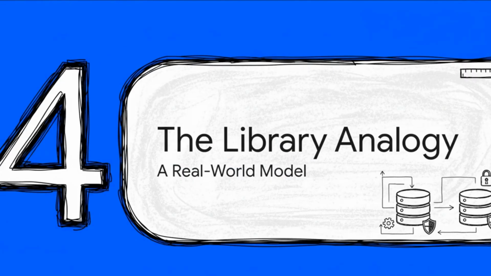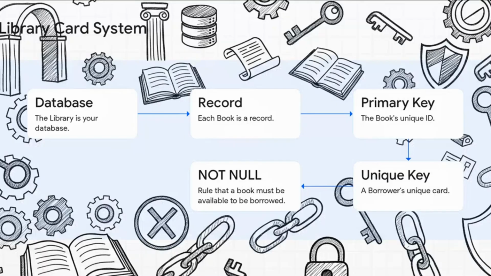Okay, I know that was a lot of technical stuff. So let's bring it all back down to earth and make it really tangible. We can actually tie all these ideas together with a simple model we all know, a library. So just imagine this. The whole library, that's your database. Every single book on every shelf is a record in a table.